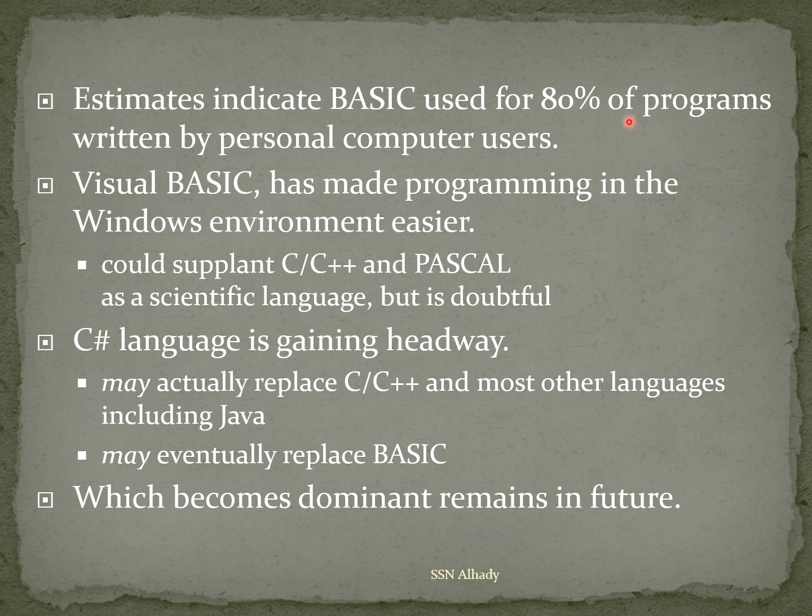This is all about the high level languages that we use. C++ is the one that is commonly used. In the beginning, the high level language BASIC was the one that was popular.